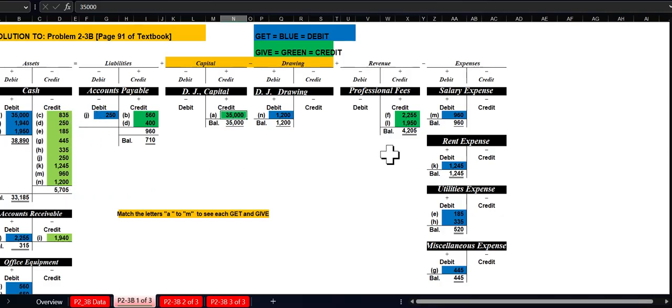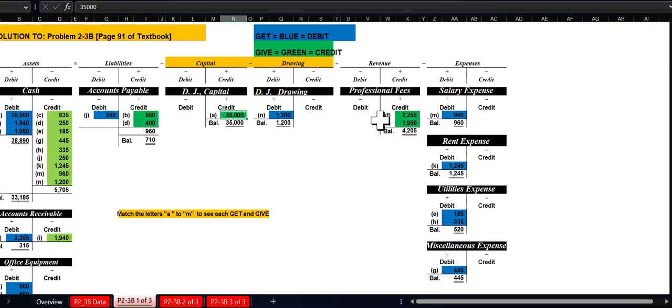And it's normal for some accounts to have a larger total get; assets and expenses fall in that category. It's normal for liability accounts, equity accounts, and your revenue account to have more on the give side than on the get side.